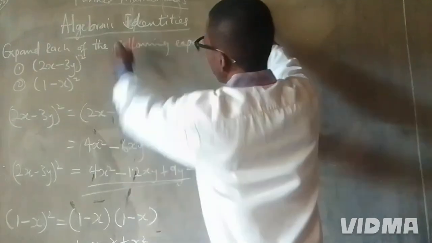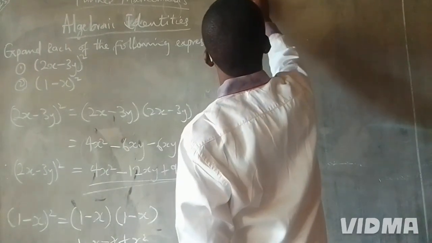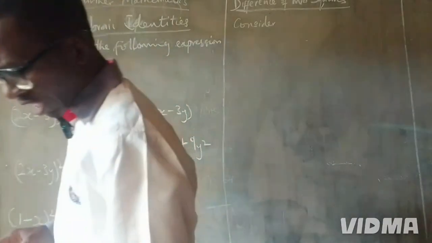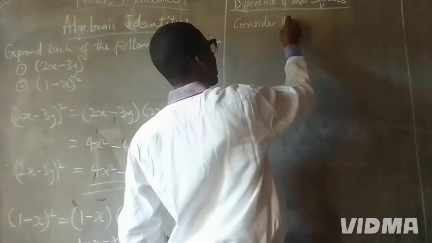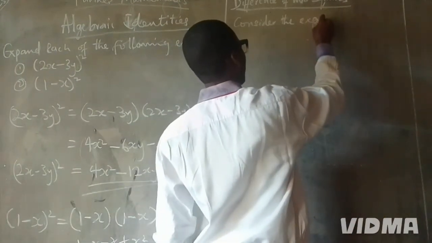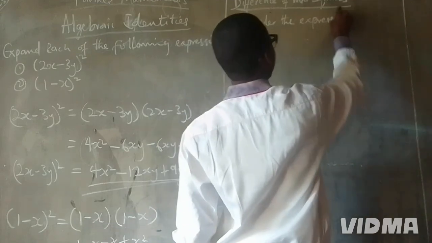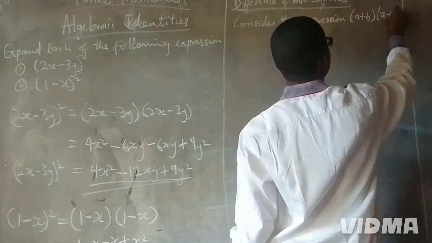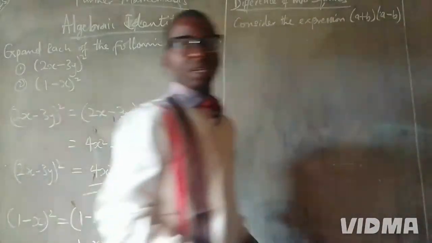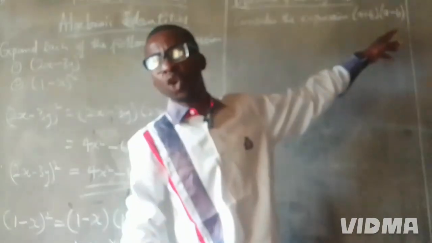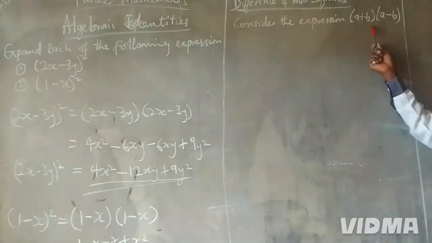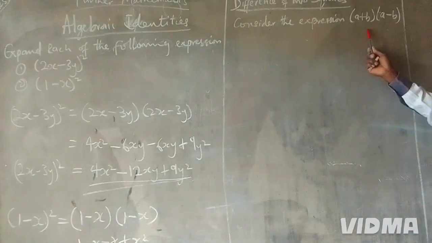So we are still under the algebraic identities, but this time around we'll be dealing with difference of two squares. We are going to be considering the expressions of a plus b and a minus b. Why do we call it difference of two squares? Now, this a plus b is a square on its own.